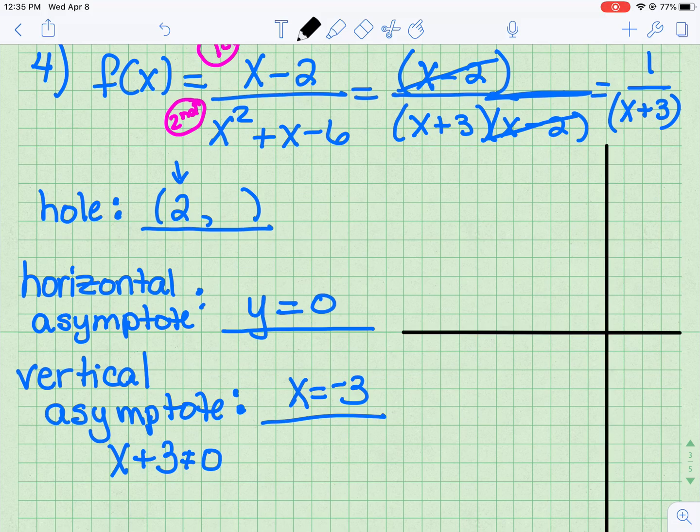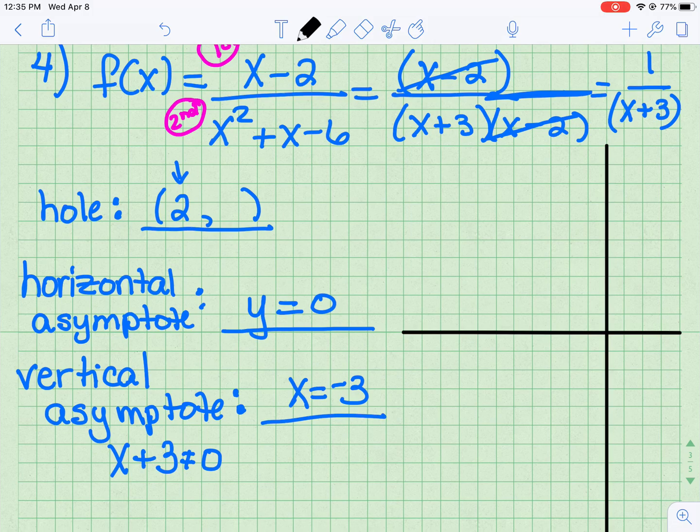The easiest way to do that, I think, is to go to second, calc. I don't know if you can see me pointing, second, and then trace, and choose a value. So I'm choosing number 1, and I want to know when x is 2, what is y, because that's where my hole is going to be.